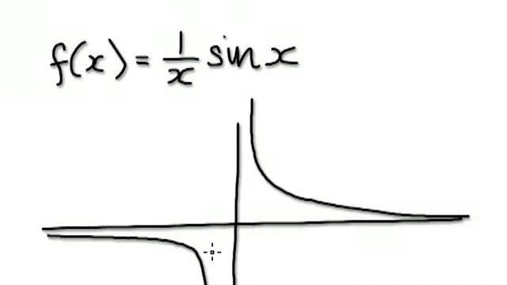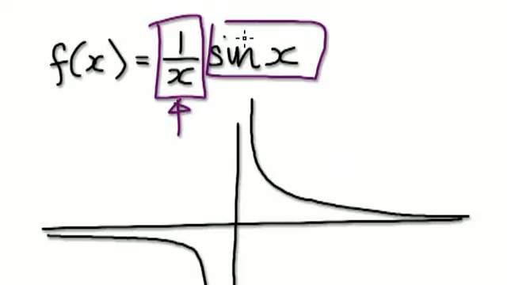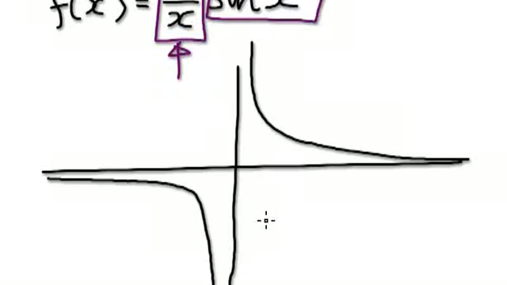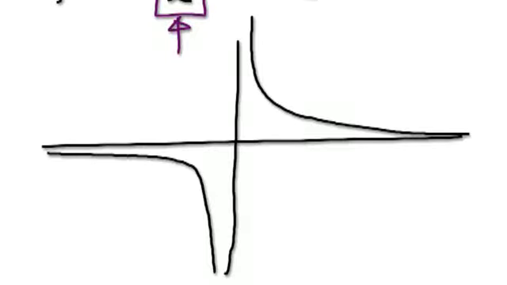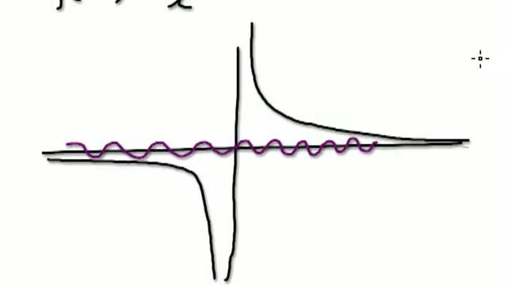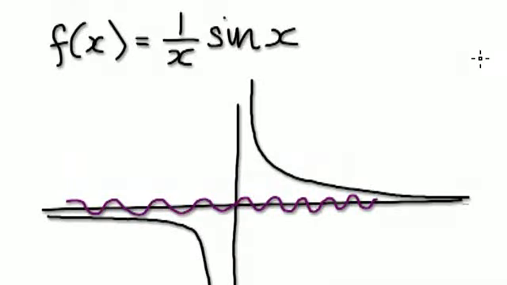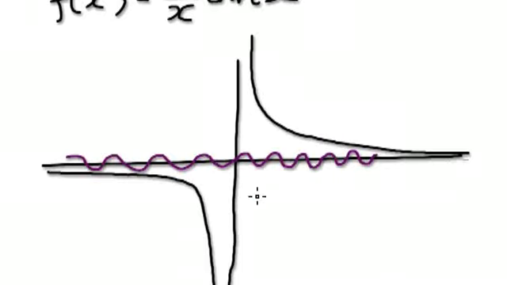The black line represents this block, and your sine of x will look something like this. When you sketch this on a graph plotter, it won't look like this. I'm just exaggerating it so that you get an idea of what's going on.